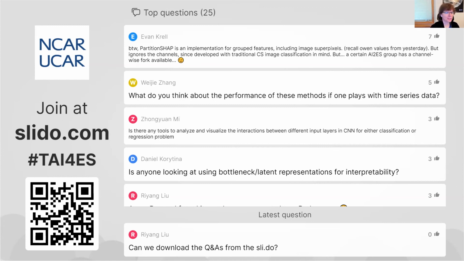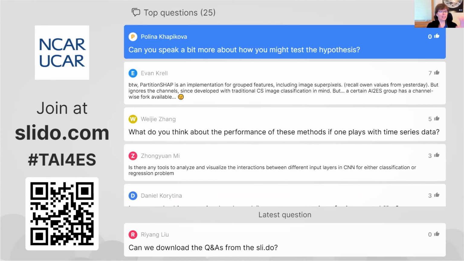And then the only other one that I wanted to answer was how to test a hypothesis. We do that a lot with synthetic data, where we set up something synthetic. For example, we have a rotating storm, and we take the input image and rotate it around and see whether, for example, our neural network responds differently to different directions.